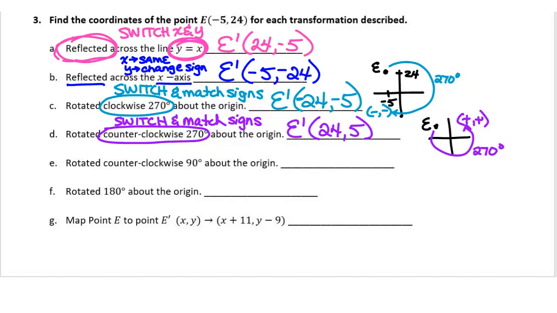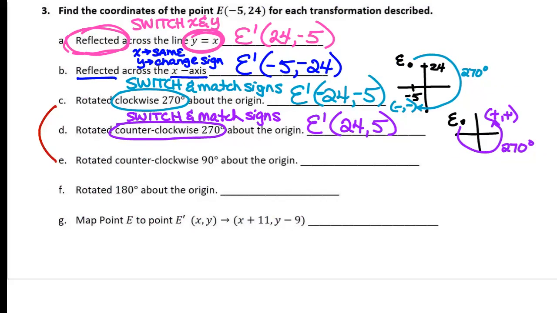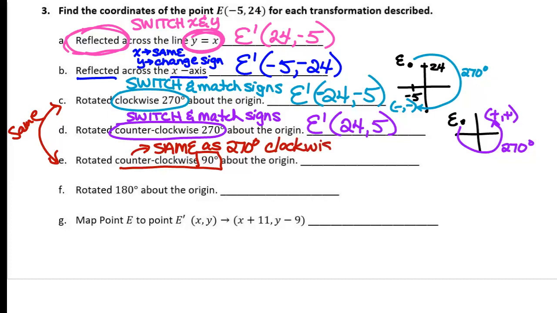The next one is the same as C. Absolutely correct. Counterclockwise 90 degrees is the same as 270 degrees clockwise. So this way.